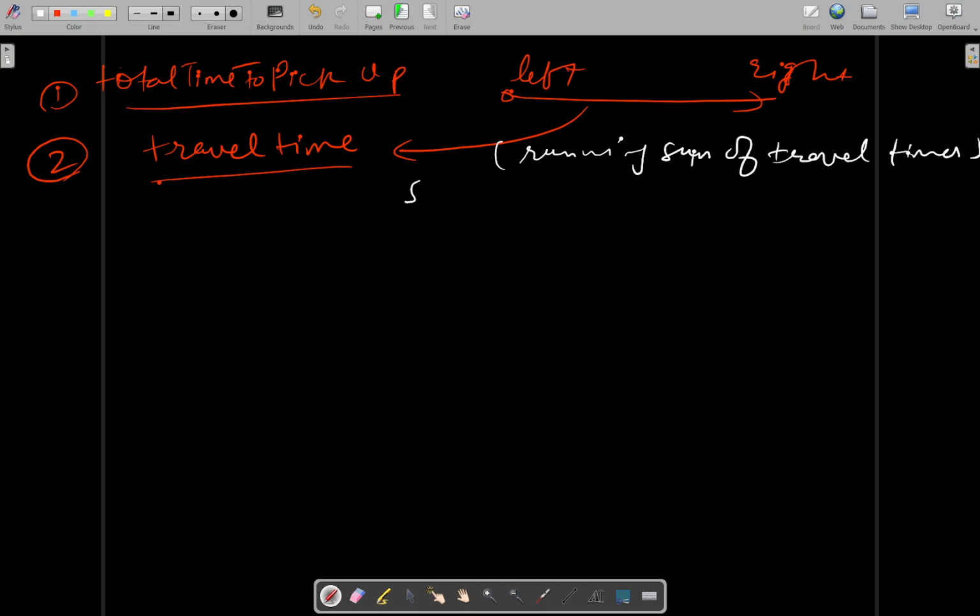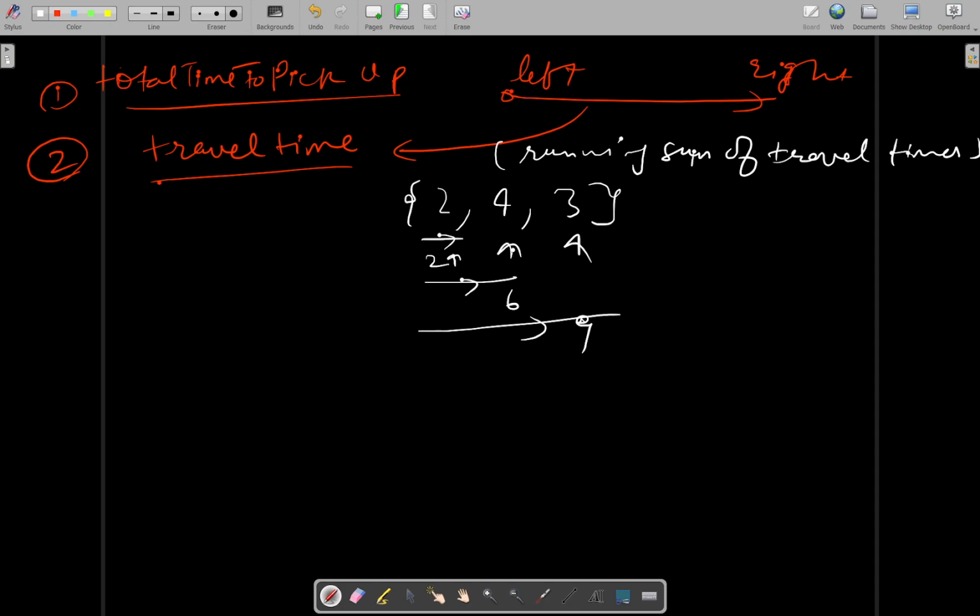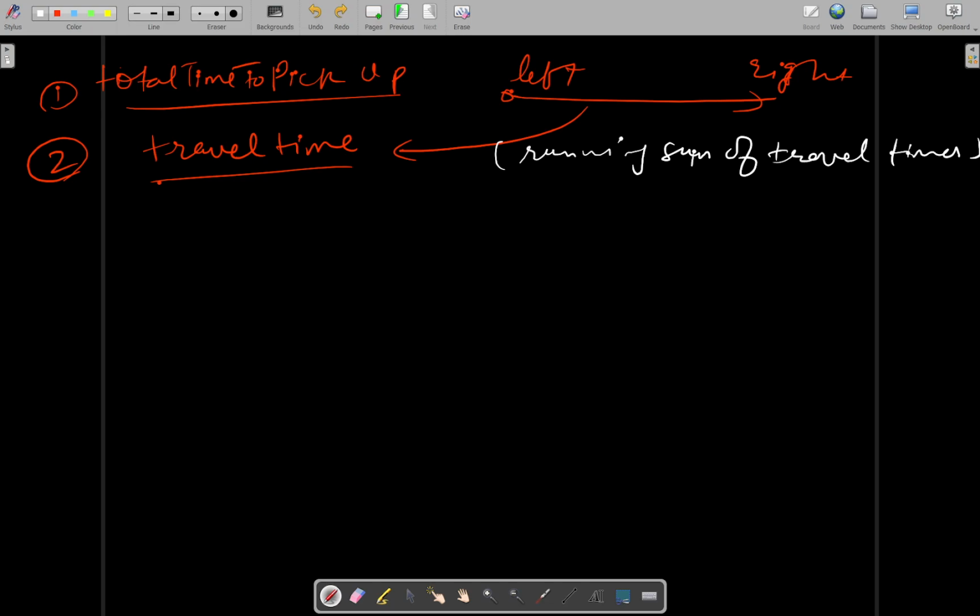What I mean by running sum is, let's say the travel array is given something like this and you are at this point. So the running sum will be the sum of these two, which will be 6. And let's say you are at this point, then the running sum will be the sum of these three: 2 plus 4, 6, 6 plus 3, 9. And if you are at this point, then it will only be 2. So this is what running sum is, or you can say prefix sum also.